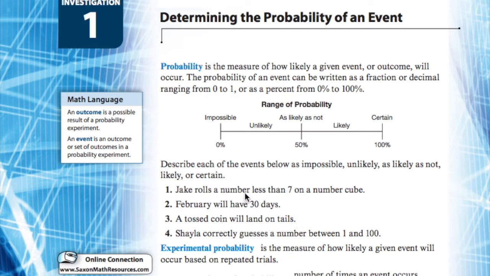You're going to roll that dice multiple times, multiple trials, to figure out what those numbers would actually be. In this case, the number of times an event occurs and the number of trials are calculated. So if you have a specific event that you're looking for versus the number of times that you are trying something, that would give you your fraction here. You'd fill in the numerator and denominator, and that can be changed to a decimal, and or to a percentage.